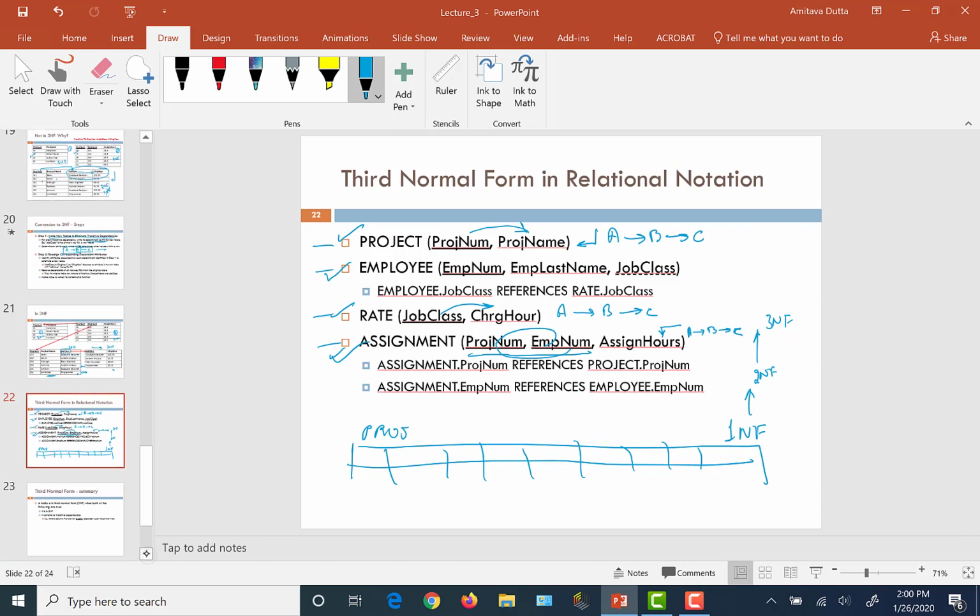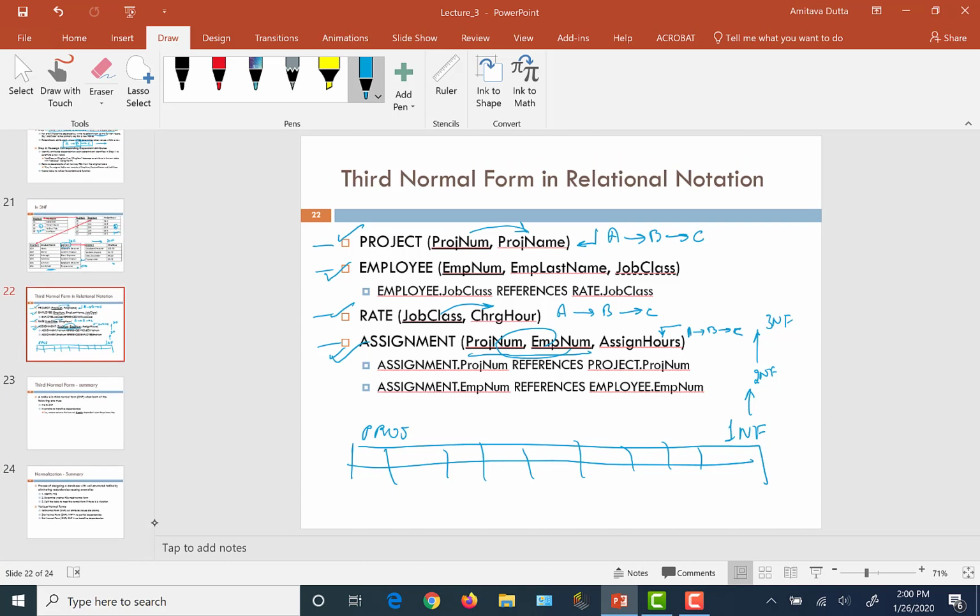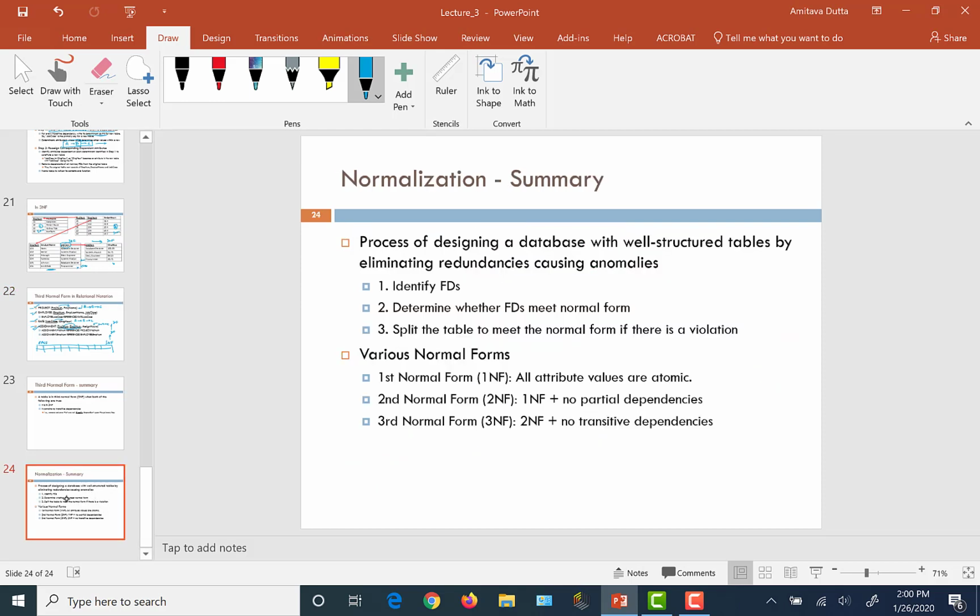Now, in practice, getting to third normal form is almost always enough to get a collection of tables that have no anomalies, all right? But just be aware that there are some very unusual situations where even when you get relations into third normal form, you still end up with some update, insert, and delete anomalies.